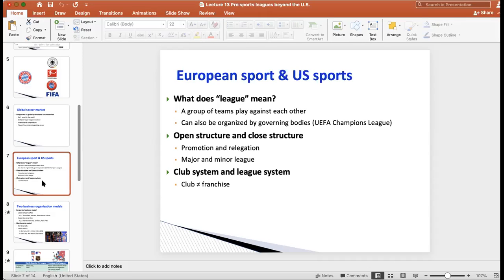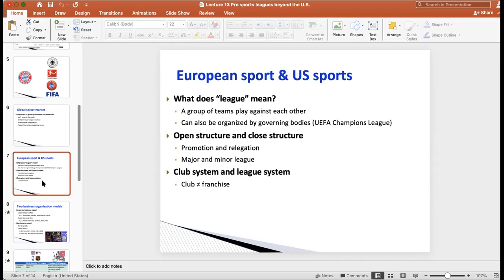Also in Europe, a league can be organized by the governing body, like the UEFA Champions League. So they are organized by the governing body. The governing body generates revenue by itself and shares this revenue with the teams, right? So governing bodies and professional sports organizations are combined together in Europe. In the US, they're separate, right?